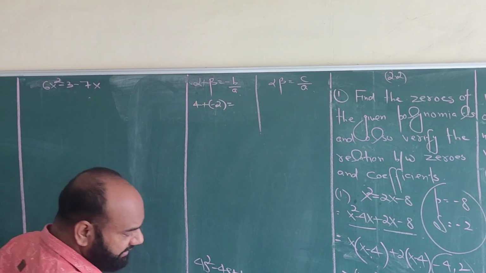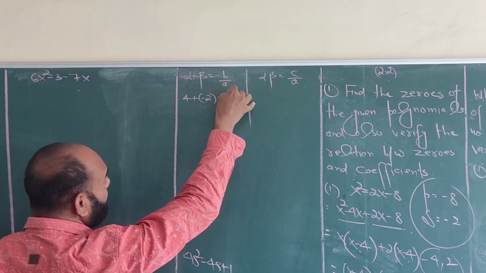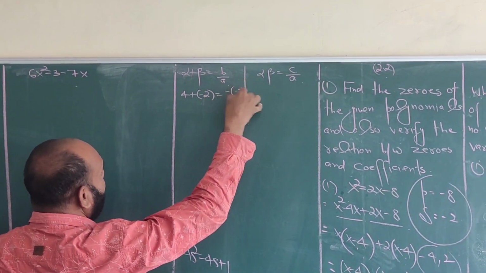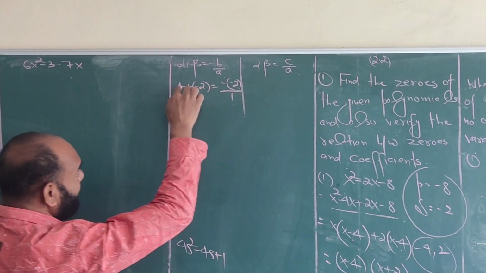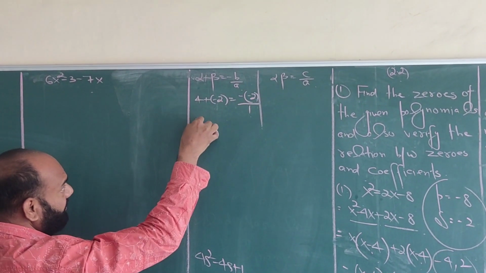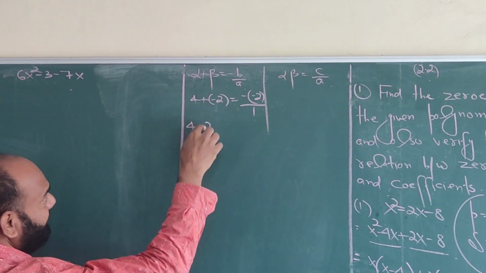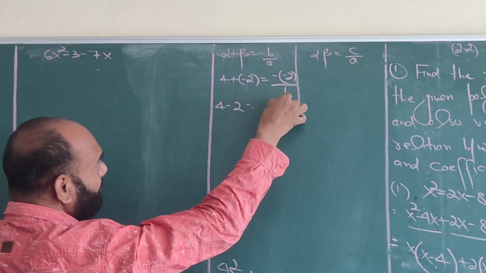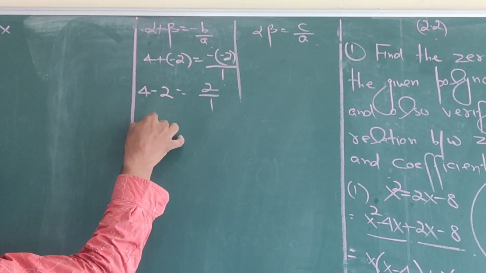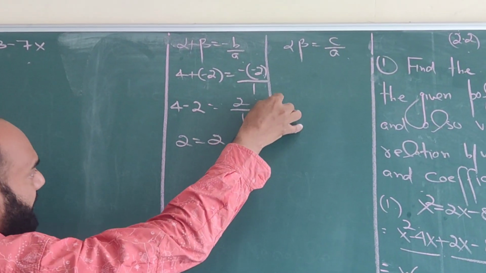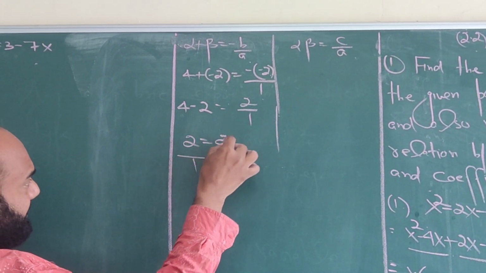And b is minus 2 and a is 1. So 4 minus 2 is 2, and minus of minus 2 upon 1 is 2. 2 equals 2. So the relation is verified.